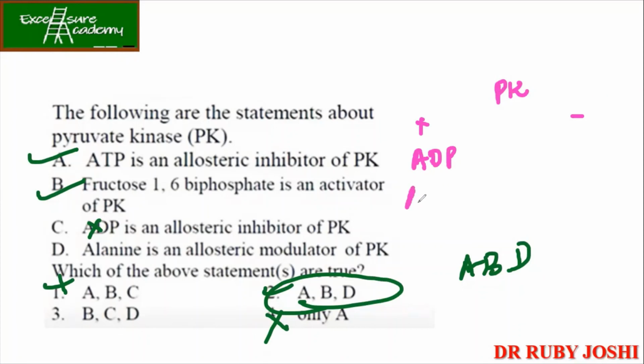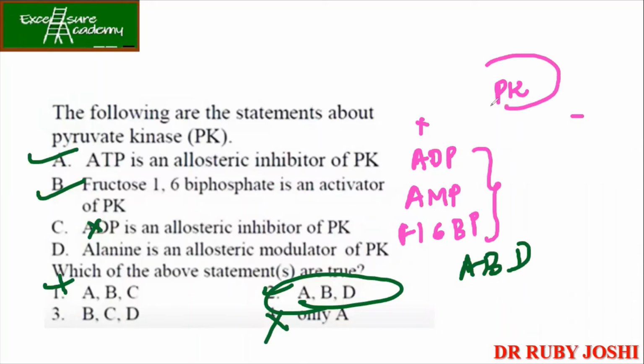Agree? अगर ADP की जगह AMP भी लिखा होता तब भी सही होता है. हाँ, क्योंकि AMP क्या है, again it means the cell has got less amount of ATP. Correct? So both the scenarios it is going to activate PK का एक्टिविटी. And already as we said fructose 1,6 bisphosphate is also going to activate the activity of PK.